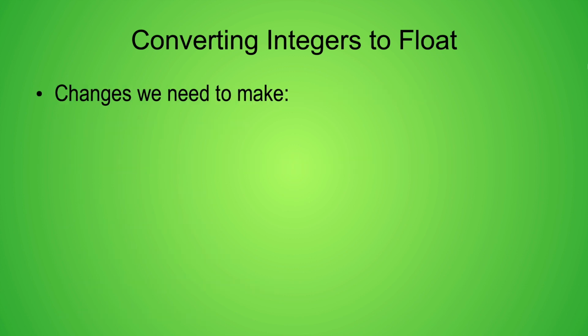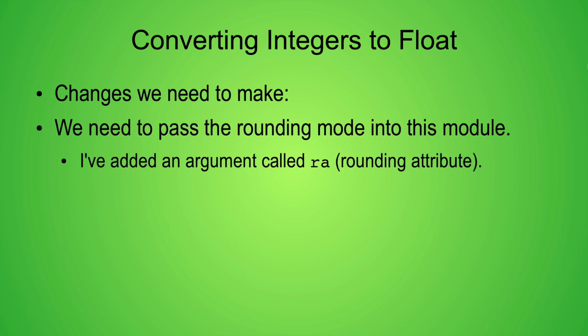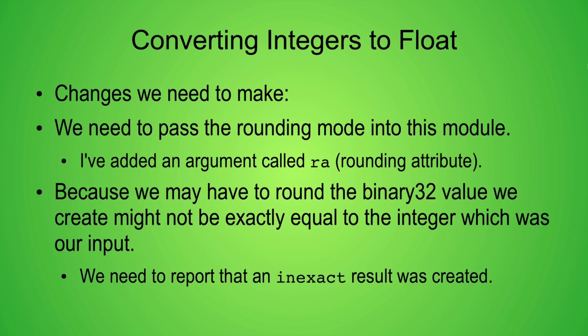To implement rounding, we make the following changes. We need to be able to specify the rounding attribute, so this module has an additional argument named RA. In the general case, converting a 32-bit integer into a floating point value will lose precision, and the floating point value won't be identical to the integer value which was converted.